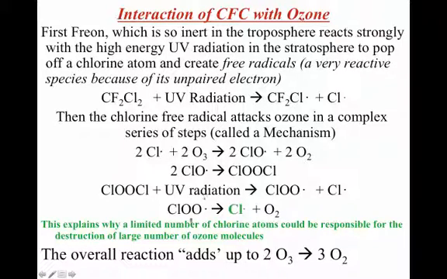If you added up all these and you pretended the arrow was an equal sign, it would add up to this very simple equation, which is the decomposition of O3 to O2, and that's bad.